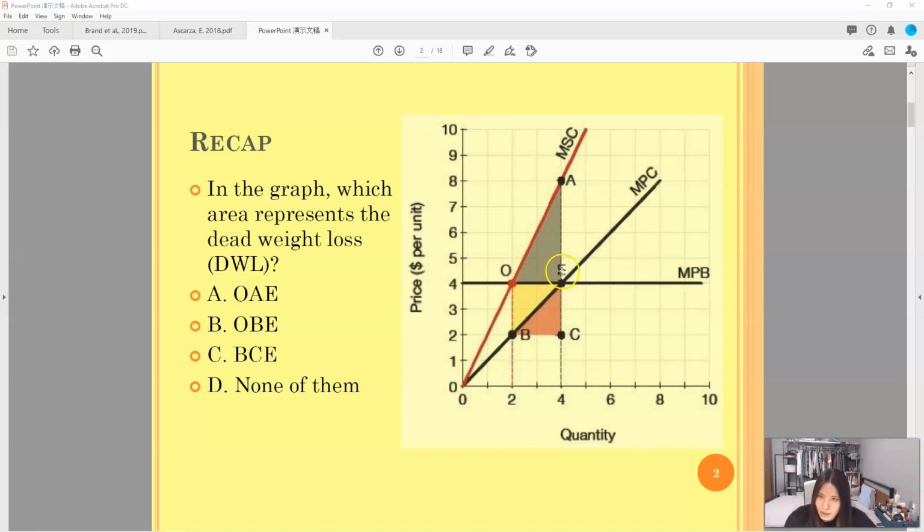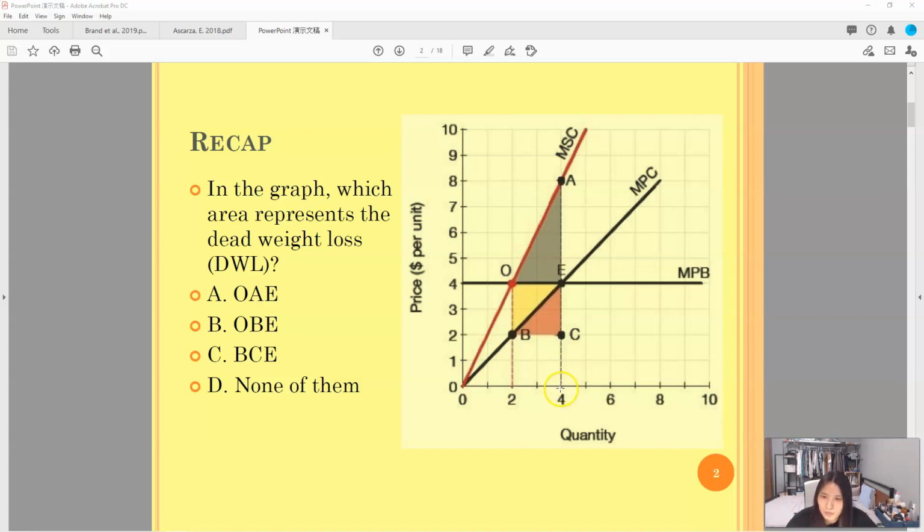That is point E. Then we need to find the social optimal level, which is the intersection of marginal social costs and marginal private benefits, because there is only one marginal benefit line. So the social optimal level is O.